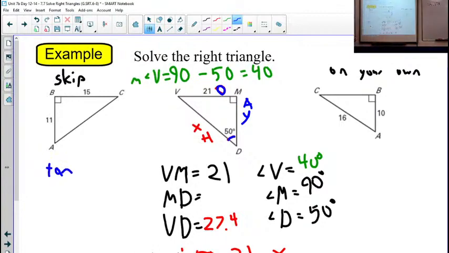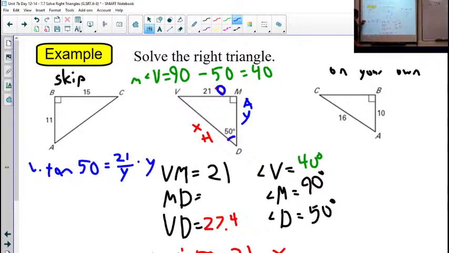Tangent of my angle equals my opposite over adjacent. So opposite is 21, adjacent is y. Remember, with tangent, opposite always goes on top, adjacent always goes on the bottom. Then we solve.